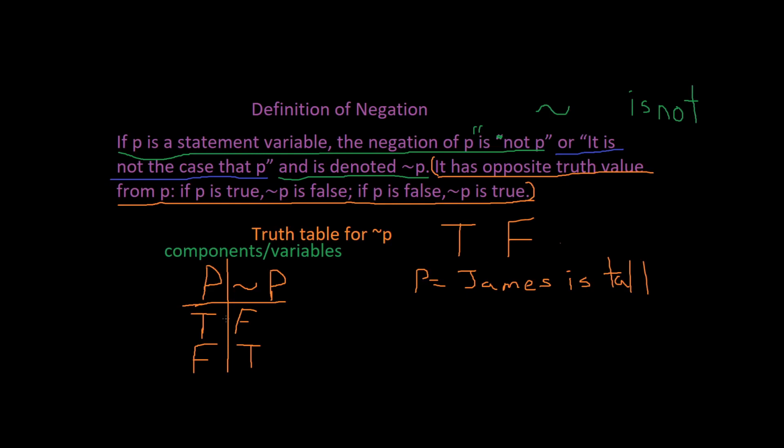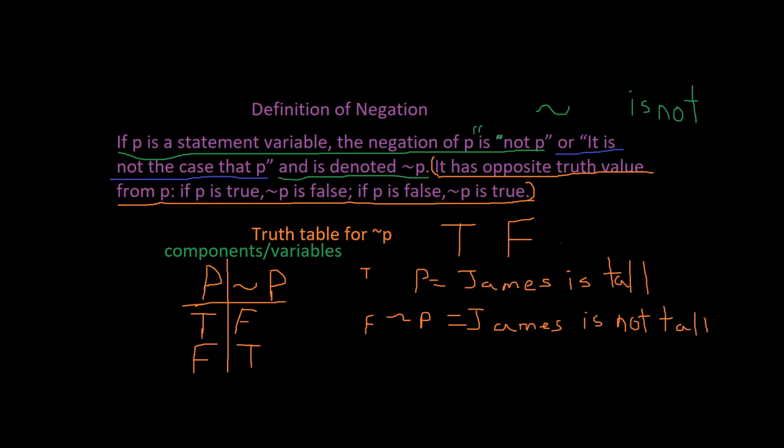If it's true, then James is not tall, which is going to be negation P, is going to be false. And so that's just the gist of it, right? If P is true, so let's say that's true, then this obviously has to be false, right? Because let's say James is 6 feet tall, then obviously James is not short.